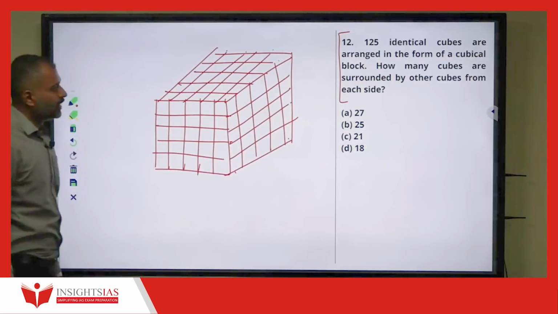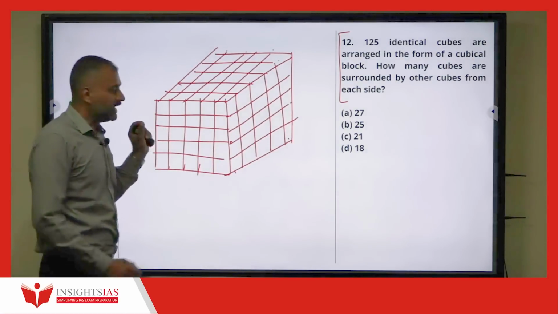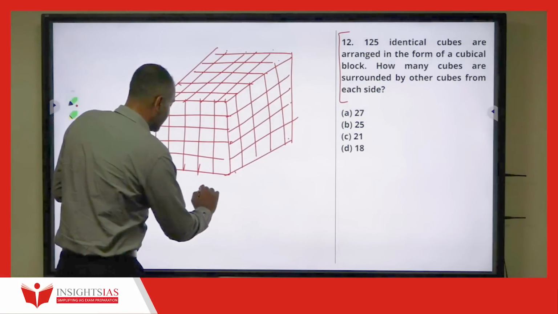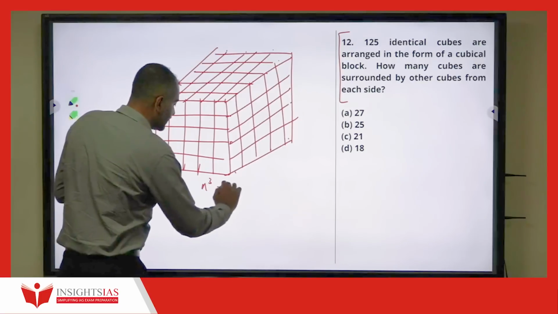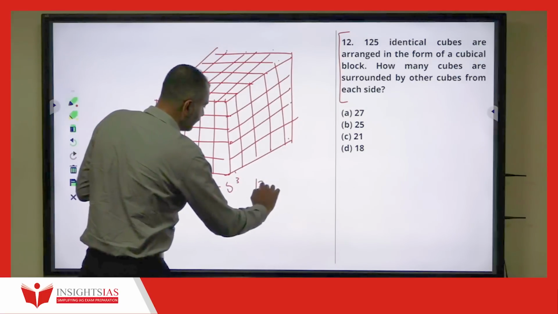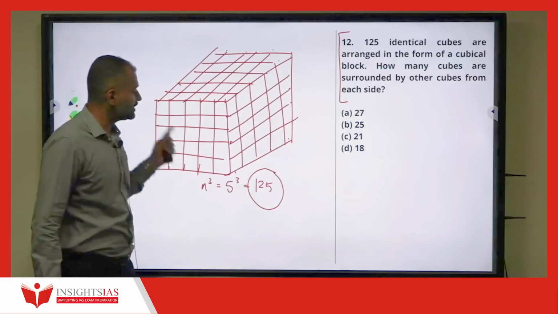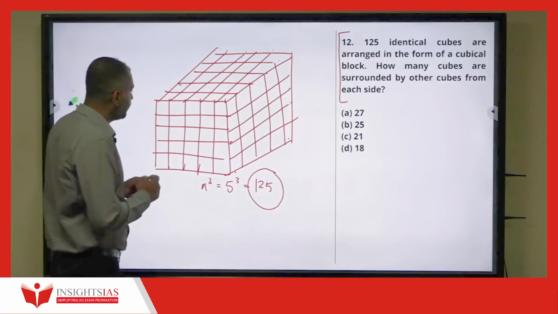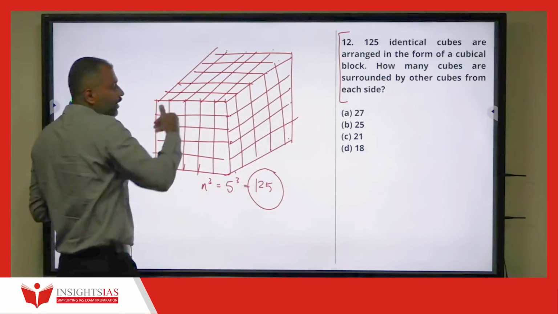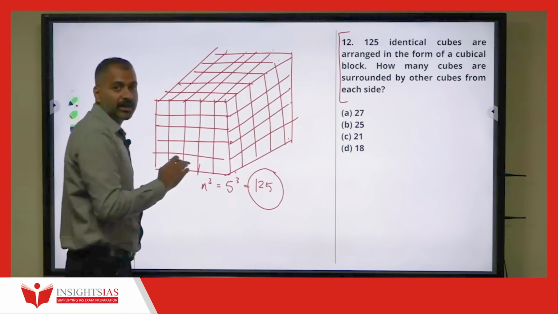Now look here, this is a 5 into 5 into 5, that is nothing but n cube, which is nothing but 5 cube, given as 125 cubes. 125 cubes are there in this arrangement. Now, if you remove only the outer portions, inside also there will be cubes, right?